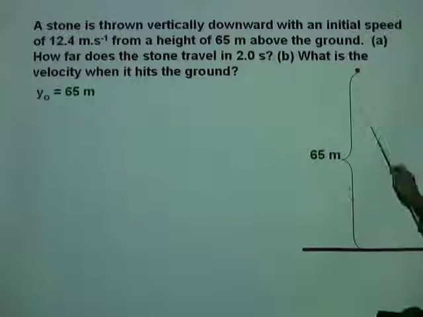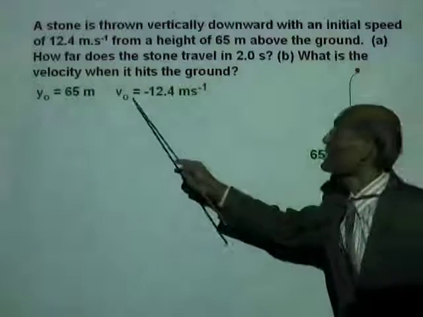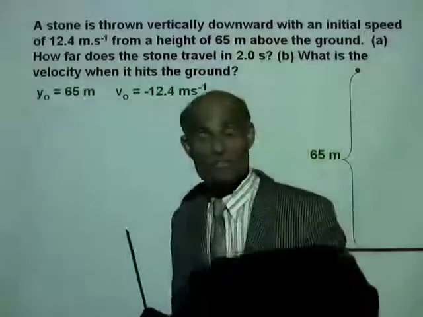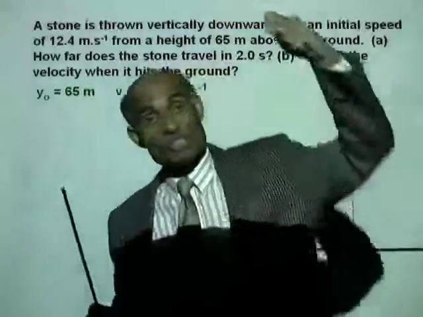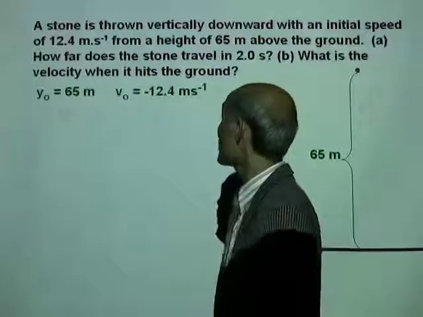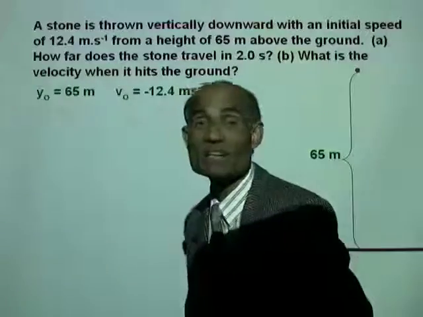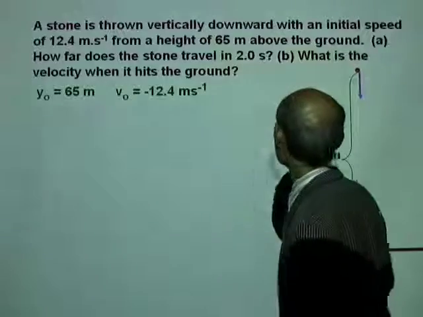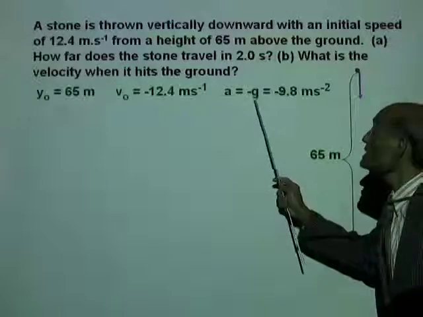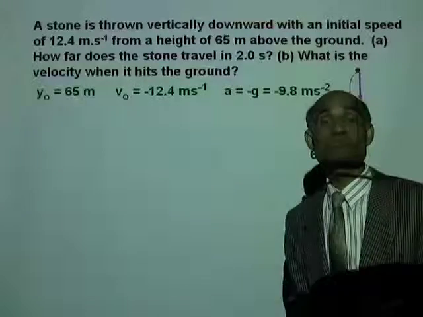And the initial velocity: now look at the negative sign. Why did I use the negative sign? Because it is downward. So v0 is negative 12.4 meters per second, directed downward. And the acceleration is negative g, negative 9.8 meters per second squared.